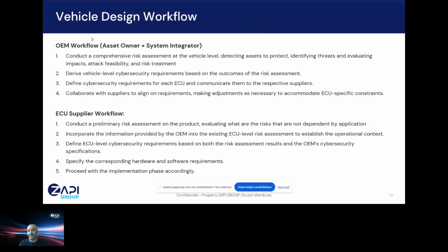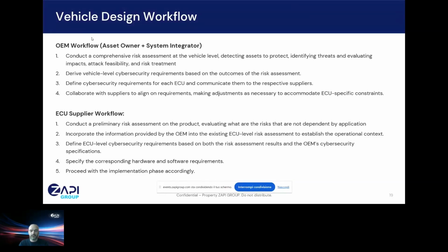This has to be integrated with the cybersecurity requirements defined by the OEM that are specific for the particular application. After this, when the complete list of cybersecurity requirements has been defined, the ECU supplier can propose a possible implementation of the solution to the system integrator, and after an agreement phase, it can start with the implementation phase and then the test.